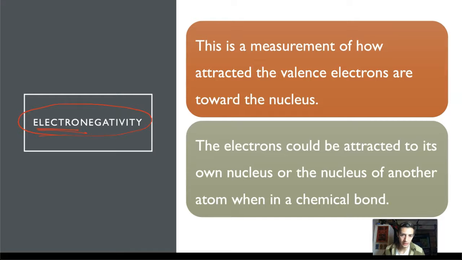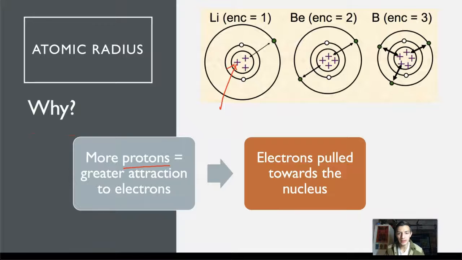This is a measurement of how attracted the valence electrons, or the outer electrons, are towards the nucleus. So if I go back a slide here, the valence electron is going to be this one right here. In the second example here, there are actually two, this green one and this green one.